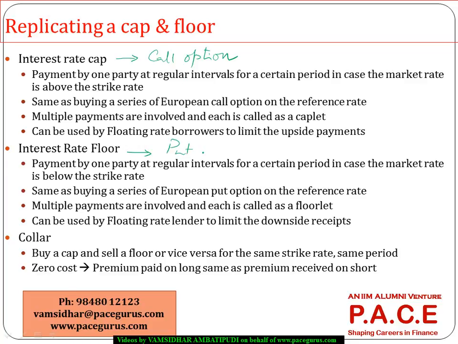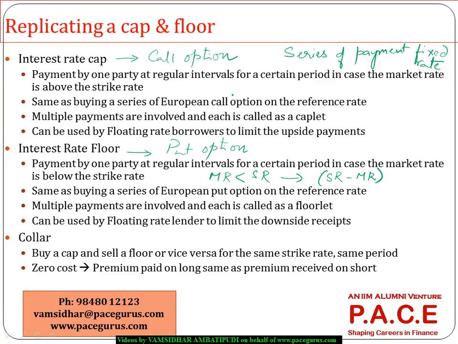It is similar to a put option on a stock, which means when the market rate is lesser than the strike rate, there is a benefit to the extent of strike rate minus the market rate, whereas when the market rate goes above the strike rate, the payoff is 0, which is similar again to the concept of the put option. But the only thing is, here we talk about a series of payments against one single fixed rate. That is the major difference that we get.